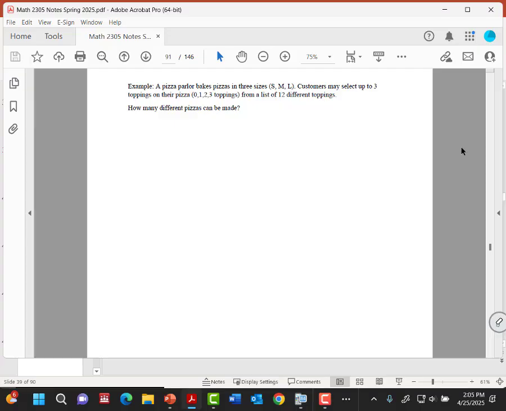So they could select 0, 1, 2, and at this pizza parlor, we put a cap on it, a ceiling on it, and the most number of toppings that we'll let you select is 3. From a list of 12 different toppings. The question to ask is, under this format, how many different pizzas can be made?